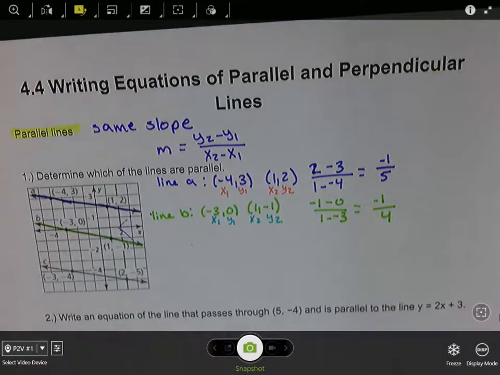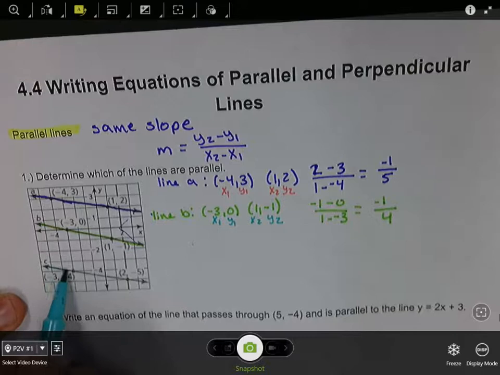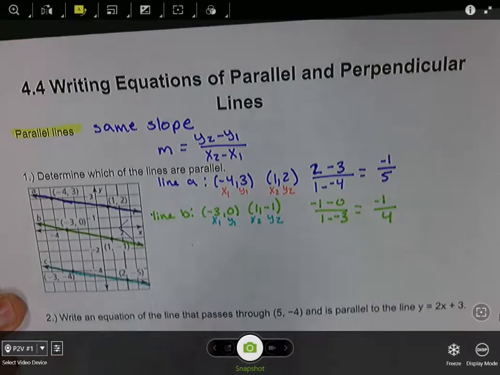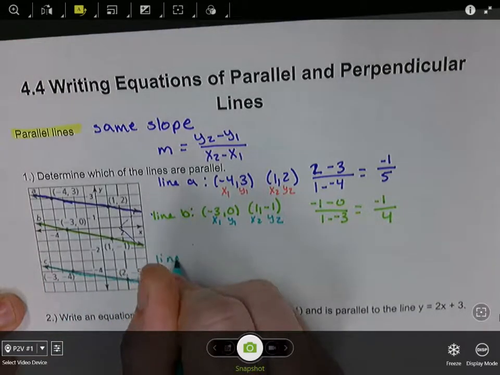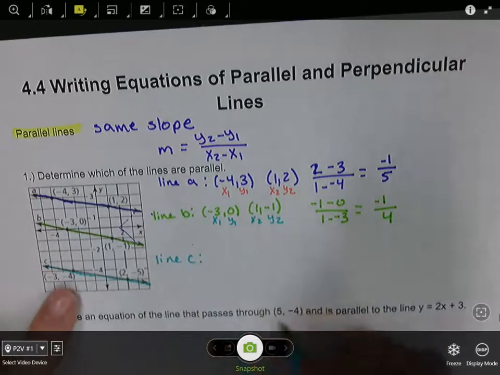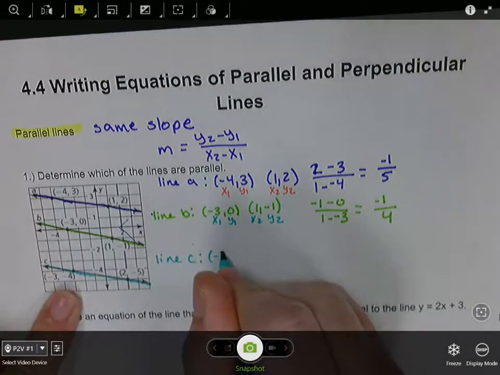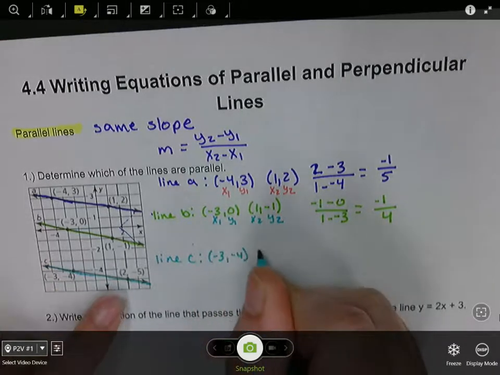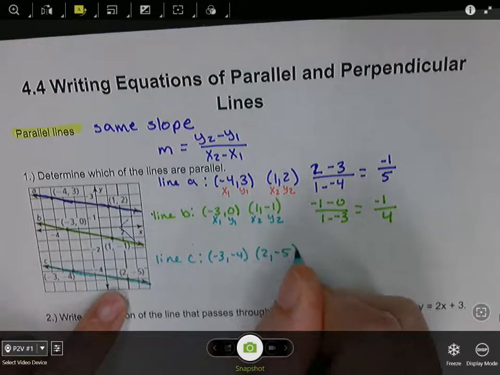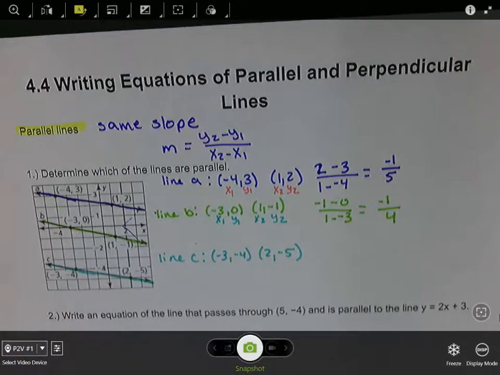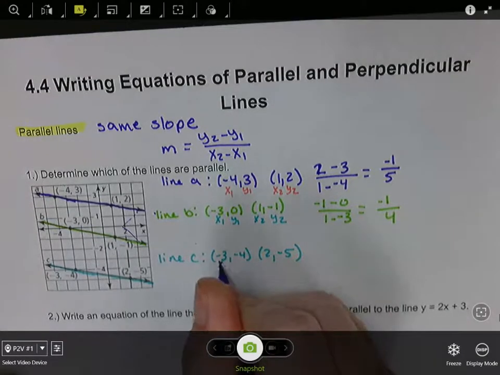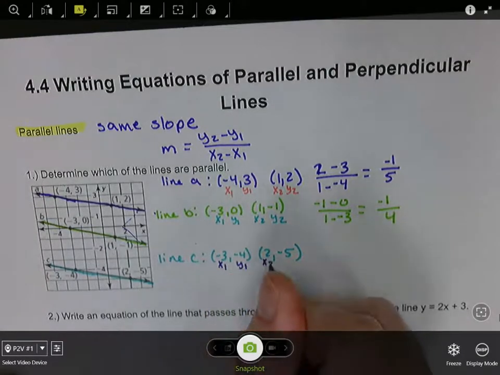Okay. All right, and then we're going to do line C. That's this line right here. Line C goes through the ordered pairs negative 3, negative 4, and 2, negative 5. Okay. All right, so label your x1, y1, and x2, y2.